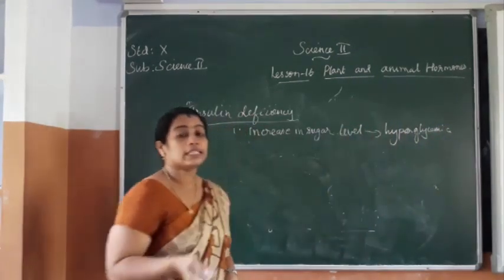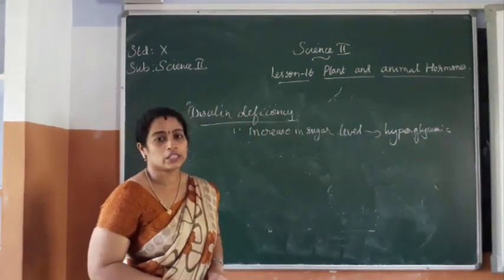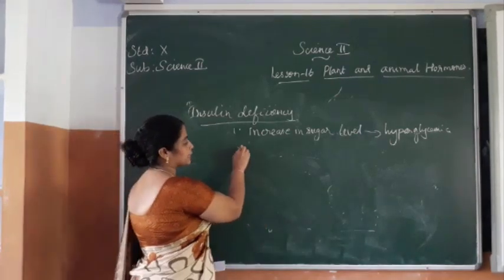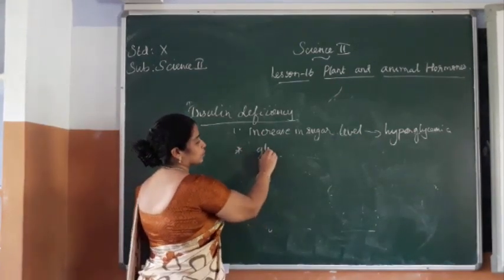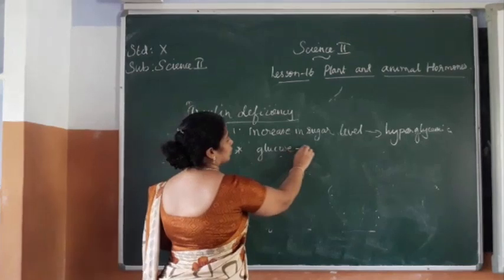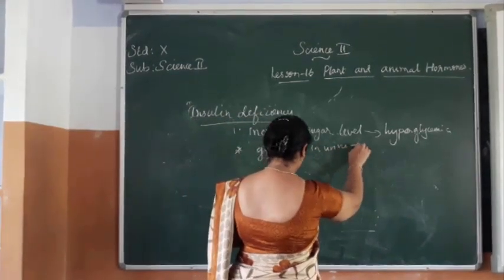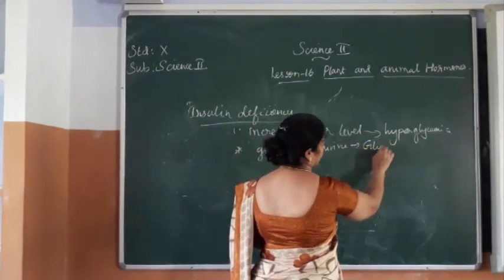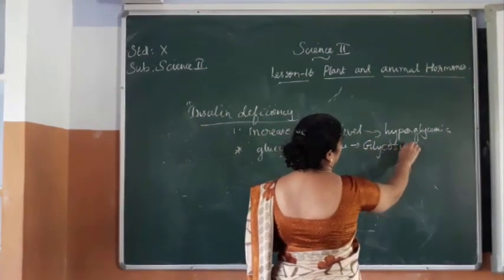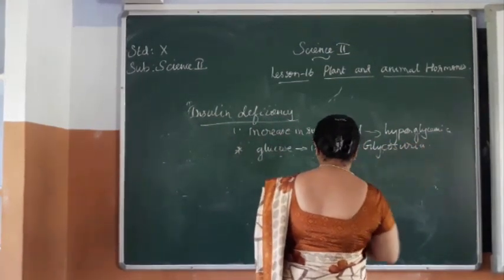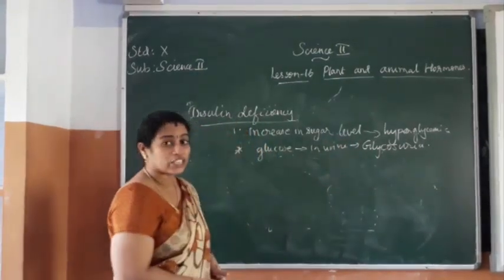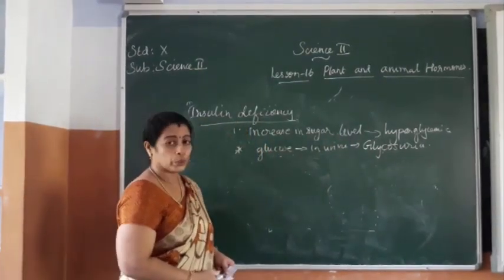Then, excess excretion of glucose in urine is known as glycosuria. That is excretion of more glucose through urine.